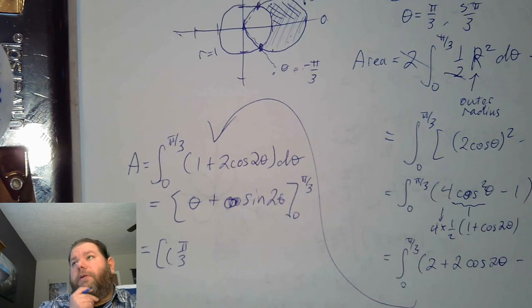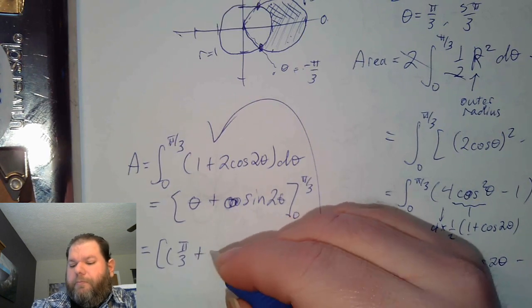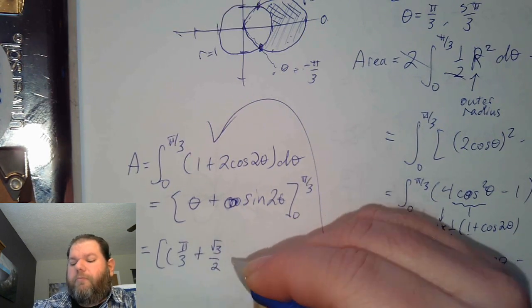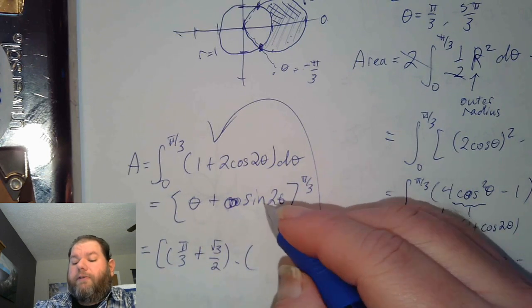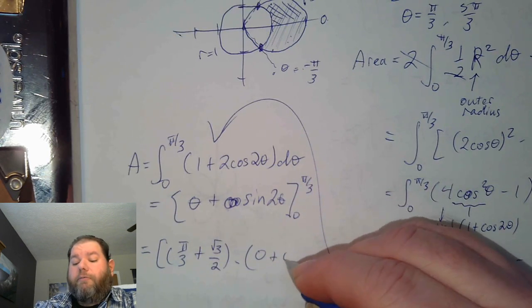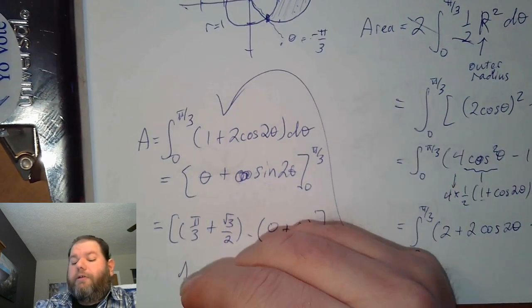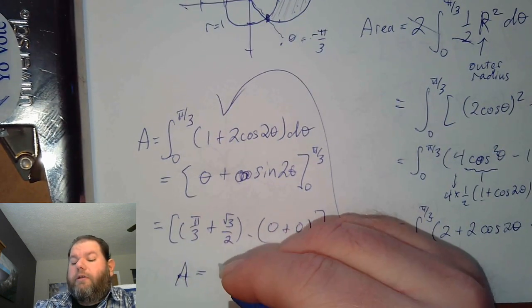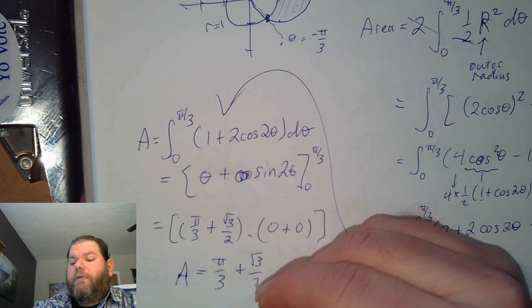Now sine of 2 pi over 3 is root 3 over 2. Minus, and if we plug in 0, 0 plus sine 0, 0 and 0. So our area is pi over 3 plus root 3 over 2.